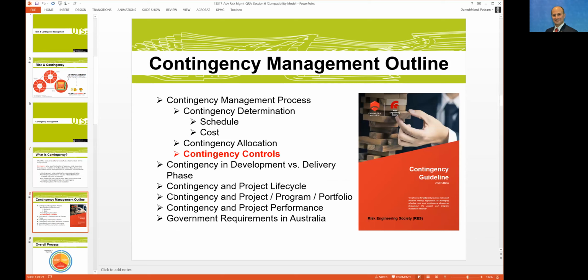For this topic, we refer to a document, and a free complimentary copy of this contingency guideline is available to you as well. Please refer to it. The document is a guideline that the RES started to develop from 2013. The first edition was published in 2016, and the second edition was released in 2019.